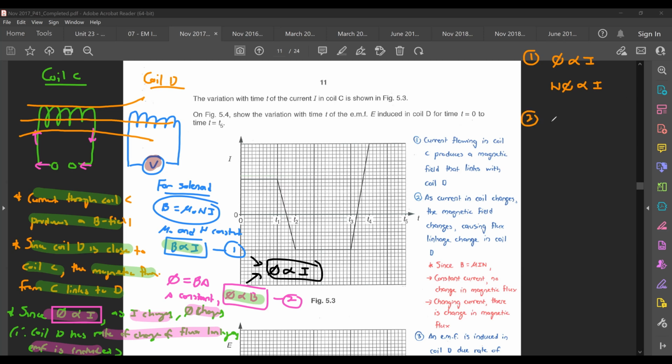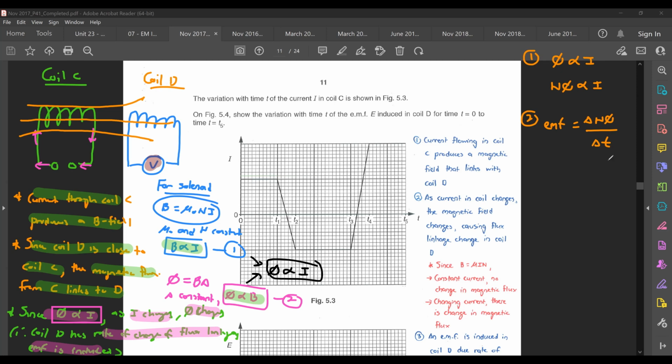Then the second thing to note was that when you're talking about EMF induced for a coil with N turns, it's actually the rate of change of flux linkage, which is this one. You can just omit the negative sign. In the notes, you notice that there's a negative sign put there, right? The negative sign there was just merely meant to tell you that the EMF induced is opposing the flux change that caused it.